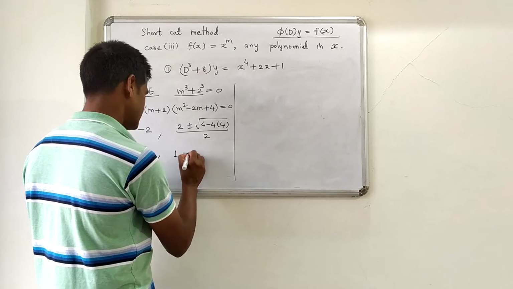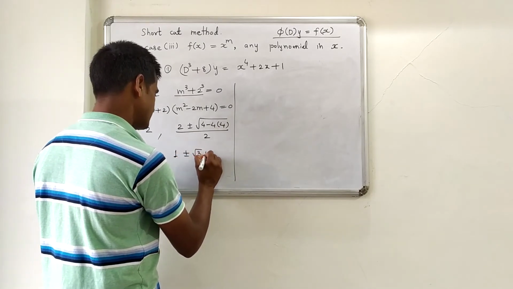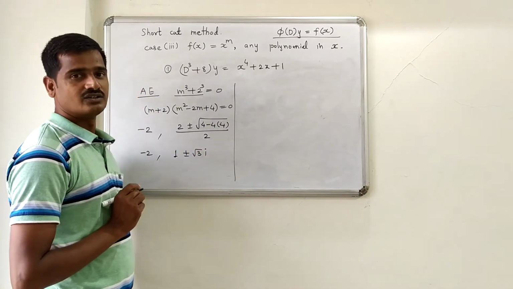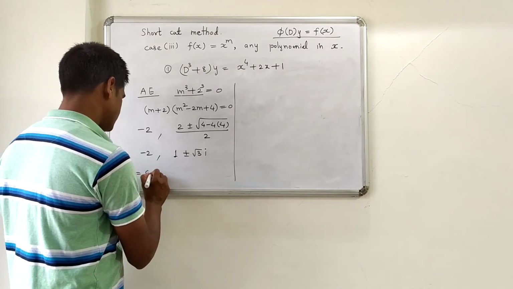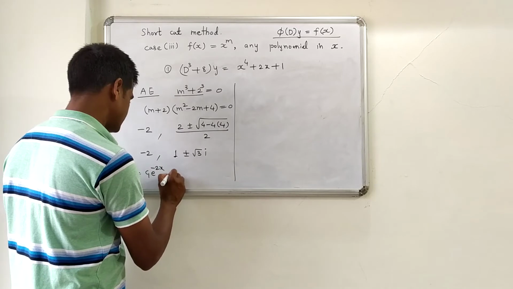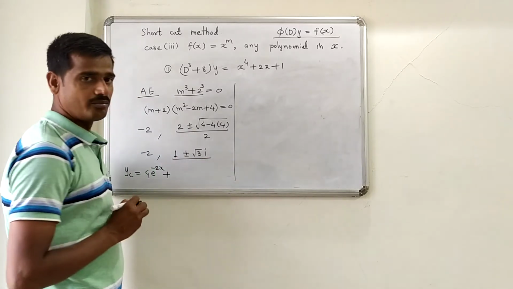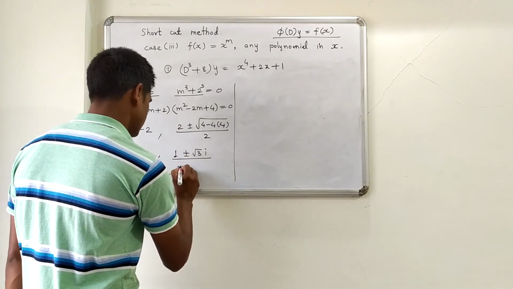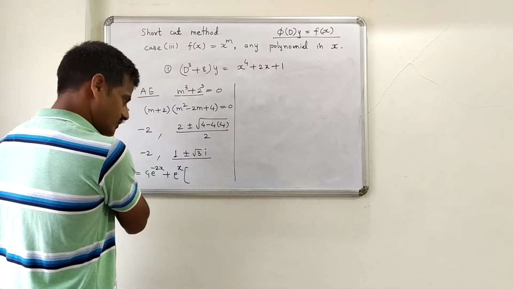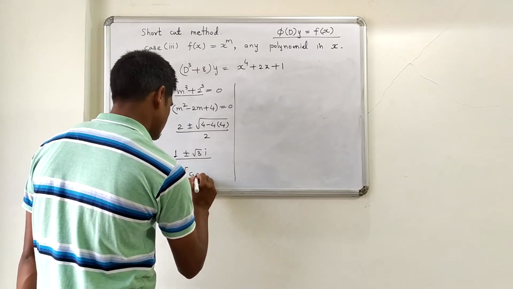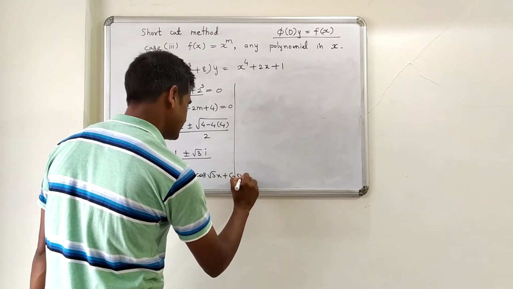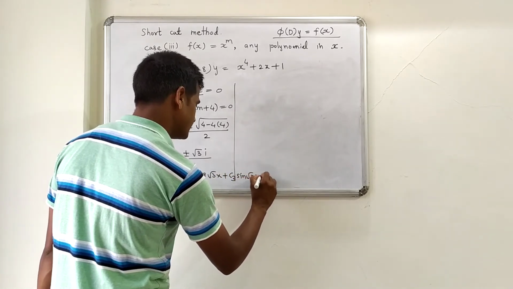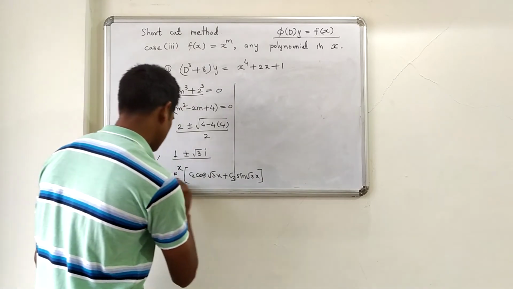So 1 plus minus root 3 i. These are the roots. So what is your complementary function? It is c1 e to the power minus 2x. Now the roots are complex, so it is e to the power x into c2 cos of root 3x plus c3 sine of root 3x. So this is your complementary function.